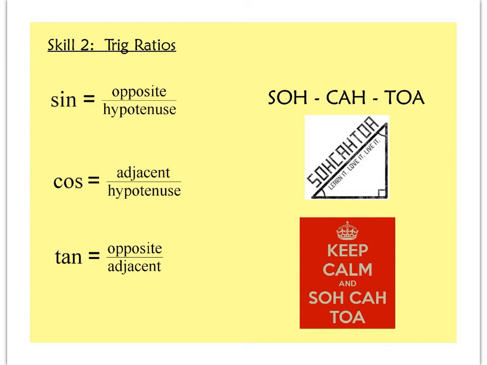So SOHCAHTOA. SOH is sine opposite hypotenuse. CAH, cosine adjacent hypotenuse.